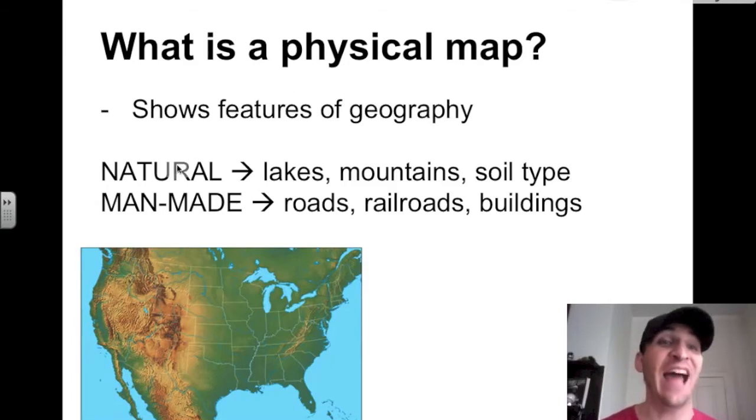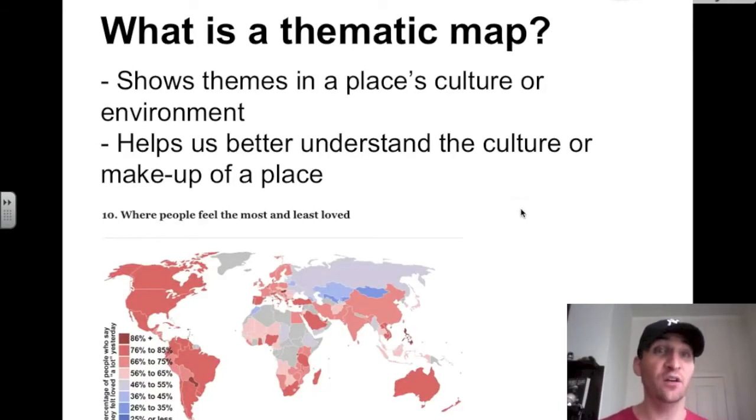These features could be natural, like lakes, mountains, the soil type, or they could be man-made, like roads, railroads, buildings. That's a physical map. Thirdly, what is a thematic map? A thematic map shows themes in a place's culture or environment.